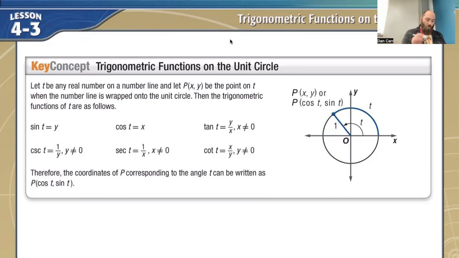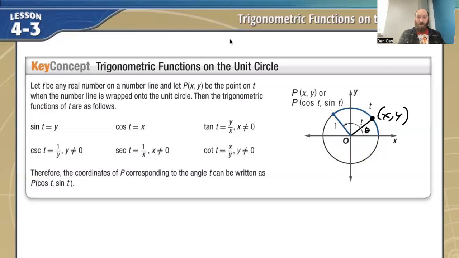So when any point that's on the unit circle, whatever that x comma y coordinate point is, that is going to tell us sine or any of our trigonometric functions. For example, let's just call that point xy, and this is going to be my theta.